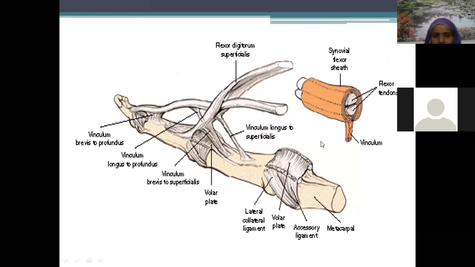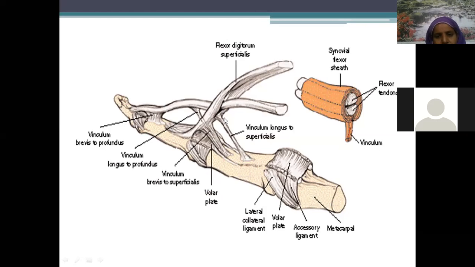Now see here, what is this tendon which is splitting into two before its insertion? Flexor digitorum superficialis. And which tendon is passing between these two slips to get inserted into the base of the distal phalanx? Flexor digitorum profundus. These are the synovial folds which are extending from these long tendons to the periosteum of the bone.